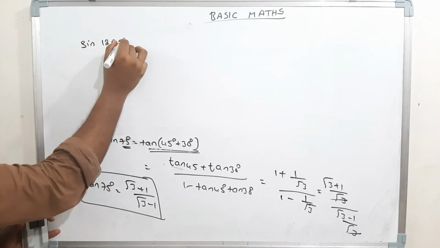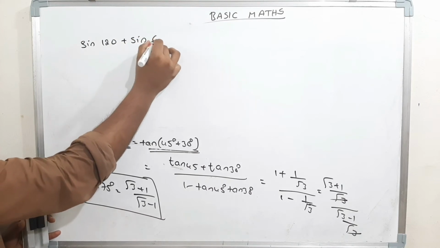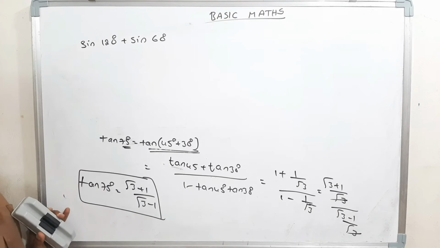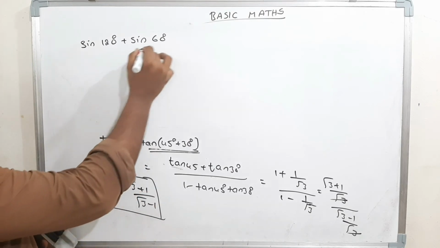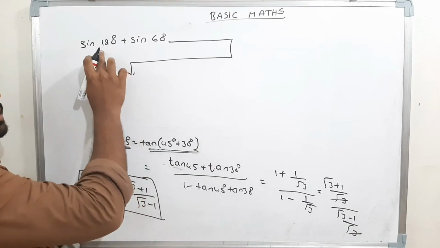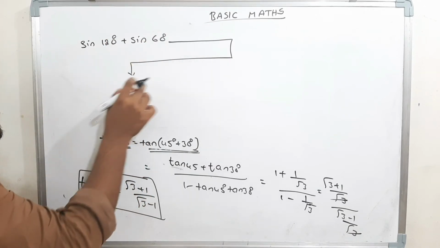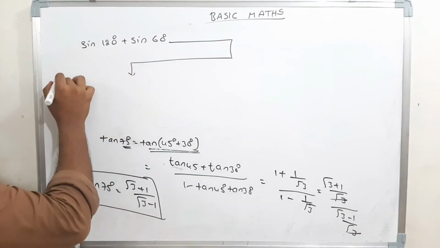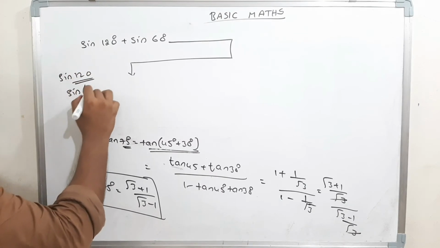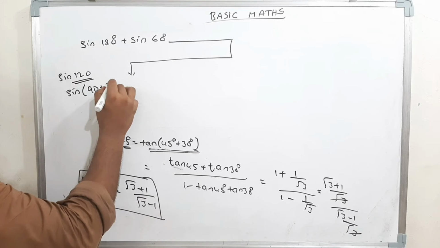Sin 120 plus sin 60 degrees. Now tell me what is the value of sin 120 and sin 60? I can do this problem in two ways. One is directly just keeping the values and adding them. What is the value of sin 120? Sin 120 I can write as sin of 90 plus 30 degrees.